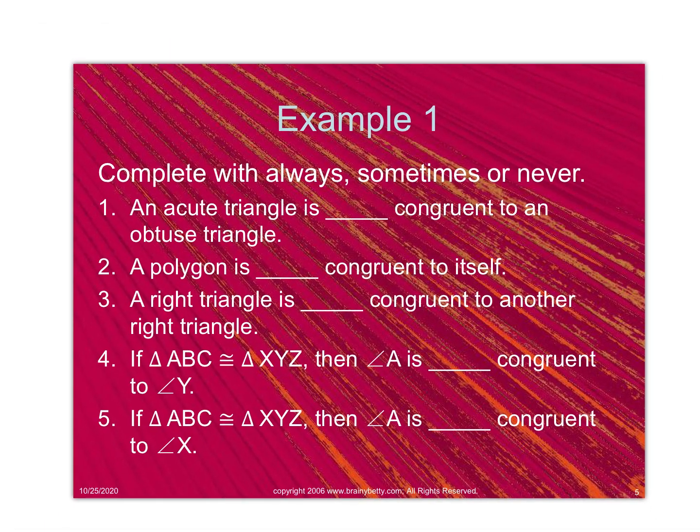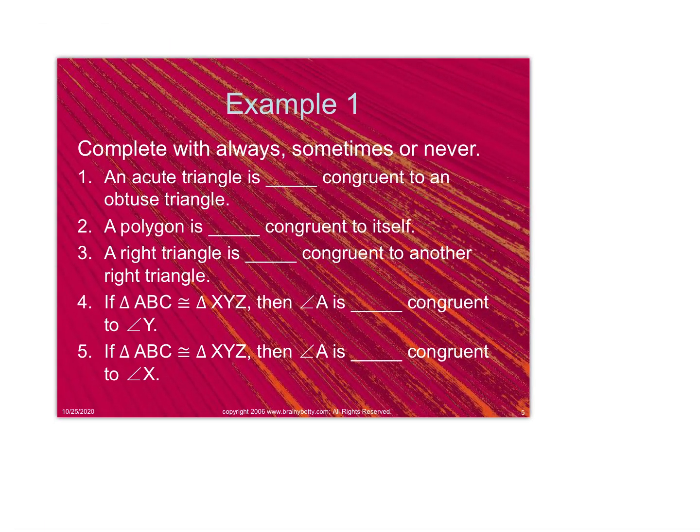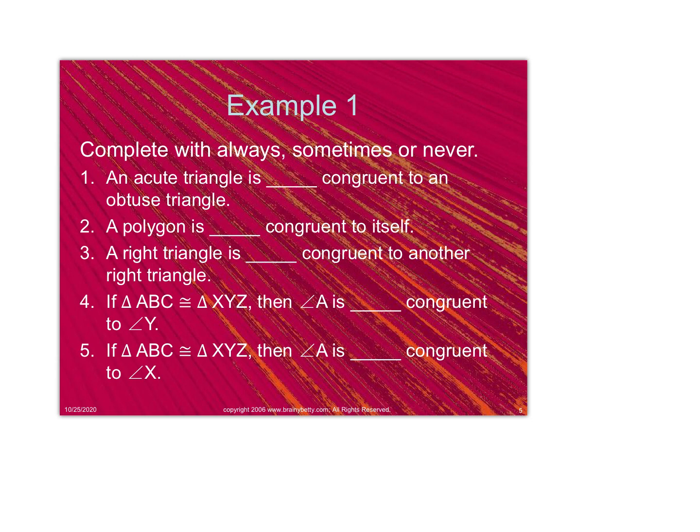So here we're going to do our sometimes, always, and never, and this is tough for some of you that might be a little bit impulsive. So you really have to stop and think about what we're saying here. For example, an acute triangle is always, sometimes, or never congruent to an obtuse triangle. This is going to be one of the few nevers, because in an acute triangle, all three angles are acute.